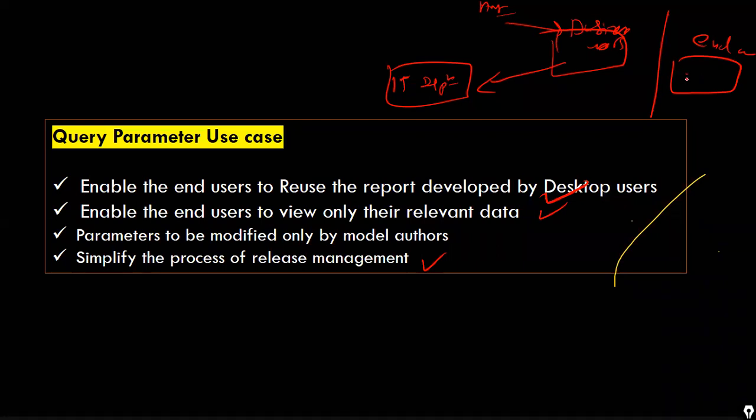So in that case, the end users or our customers, they are supposed to view only their relevant data. They are not supposed to view other customers' data and our internal data. So in that kind of situation, you can restrict the end users to view only their relevant data, not only the end users, even the other stakeholders.